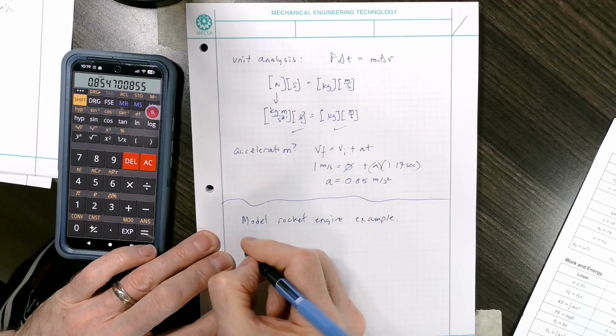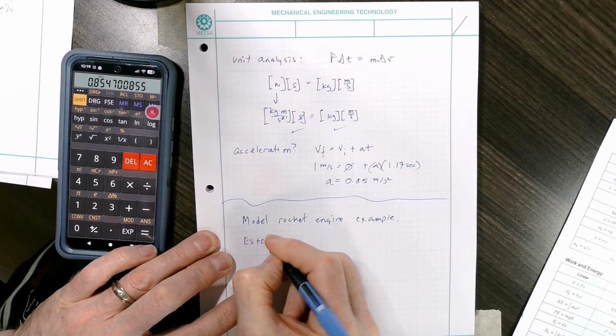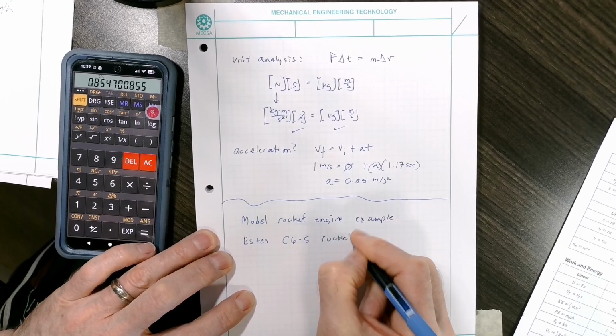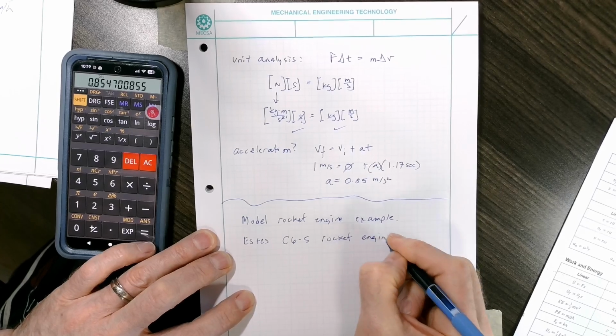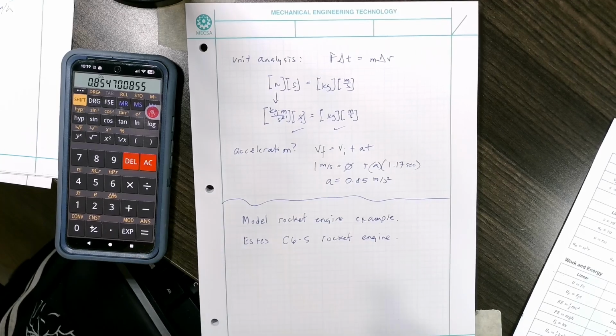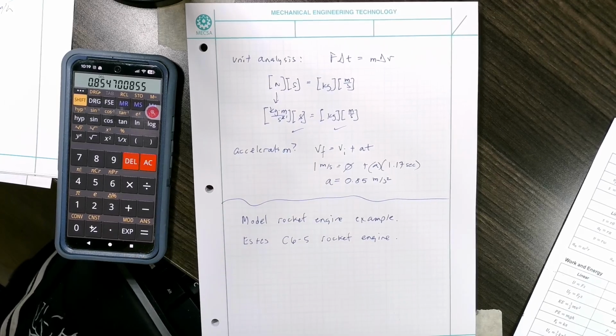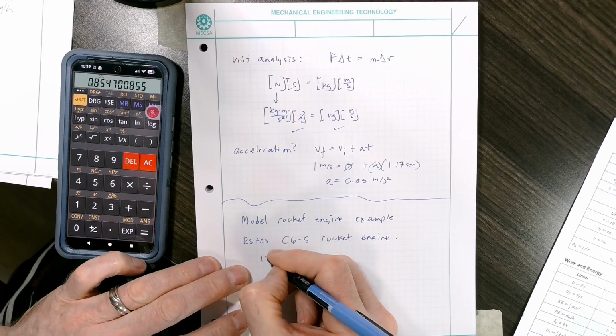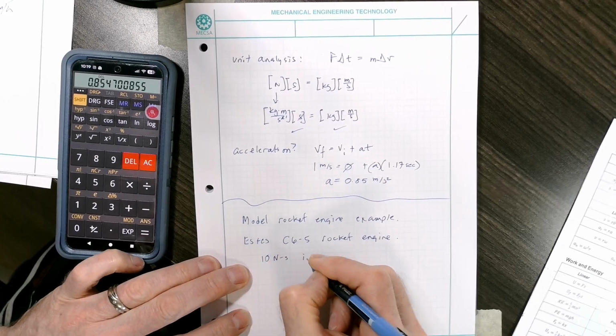A company called Estes. Estes C6-5 rocket engine, rocket motor. You look it up, and right on the Estes website, it tells you the data for it. It says, oh yeah, it's a 10 Newton second impulse.